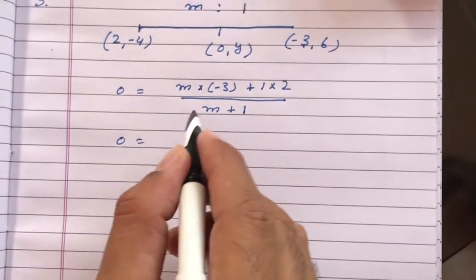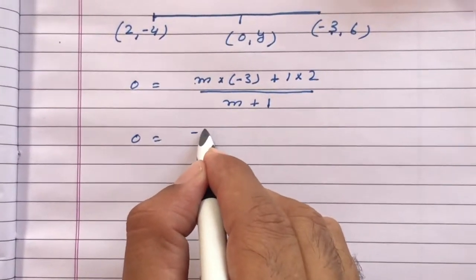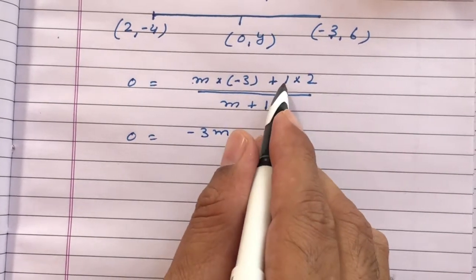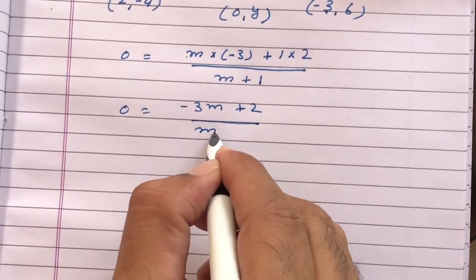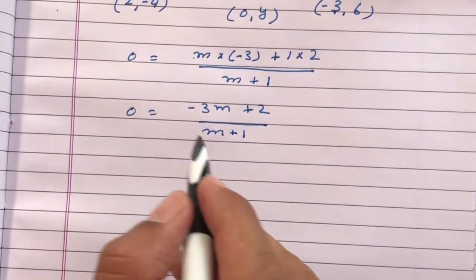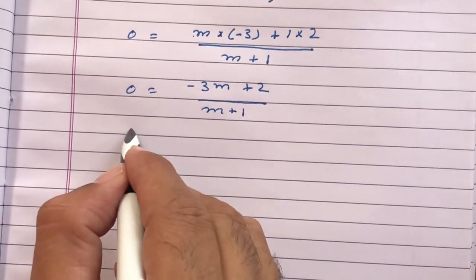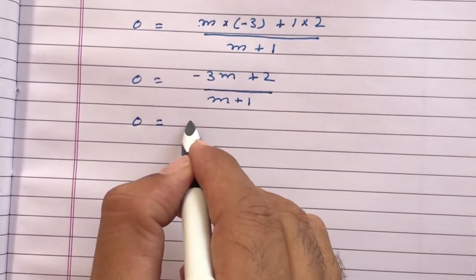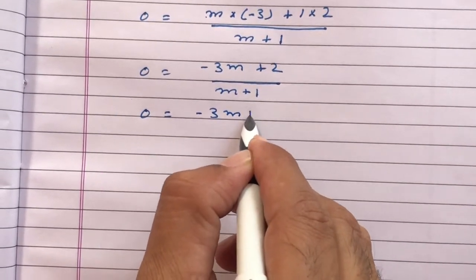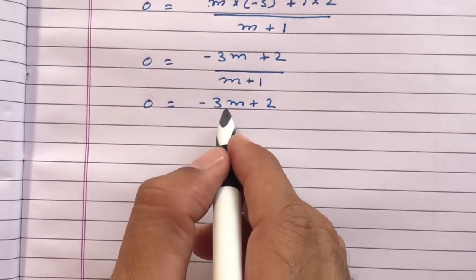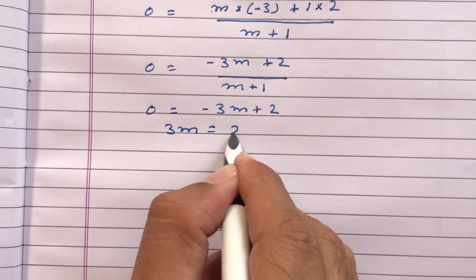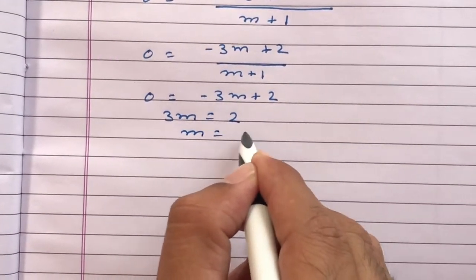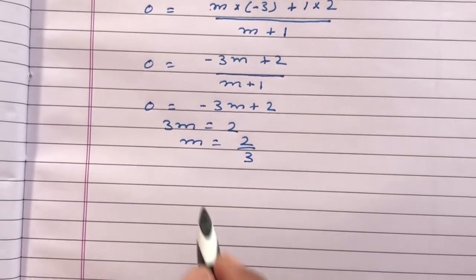So 0 is equal to minus 3m plus 2 upon m plus 1. Then I cross multiply. 0 into anything is 0. So 0 is equal to minus 3m plus 2. It means 3m is equal to 2. M is 2 upon 3.